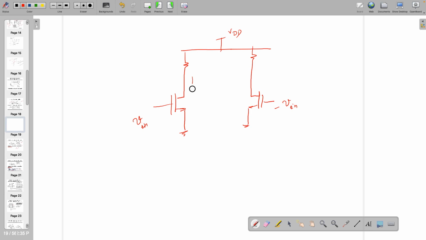Let's call it I. This will definitely be minus I. But can you tell me what the current depends on? VGS, right? Or the gate voltage, whatever you are applying here. So the gate voltage is the governing parameter for the current.